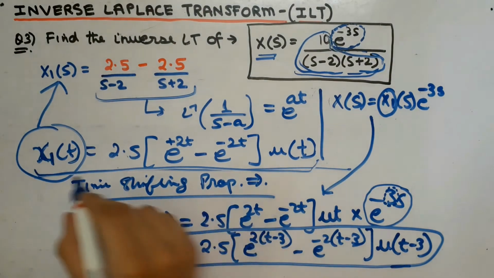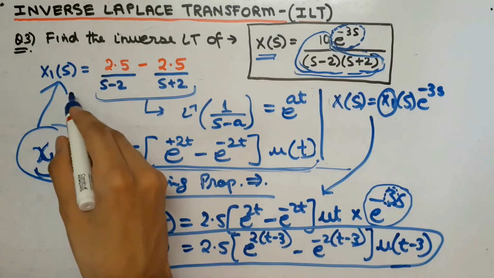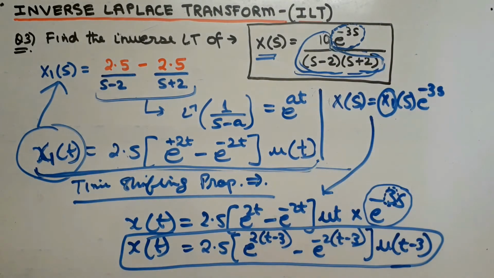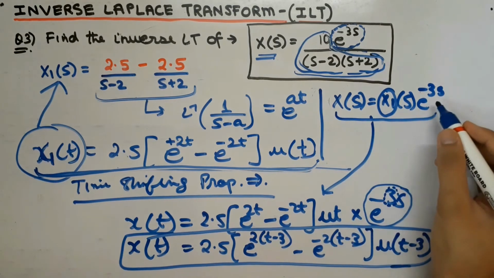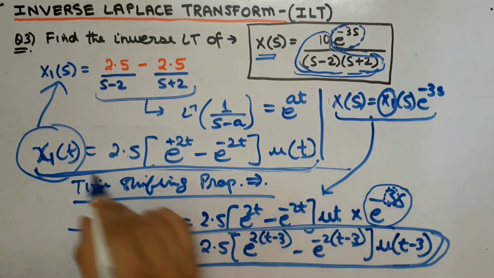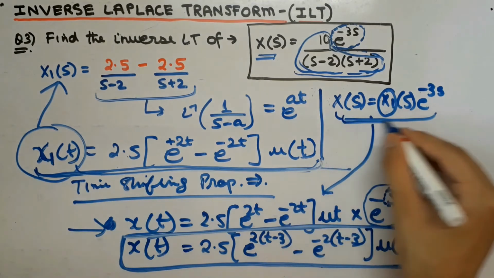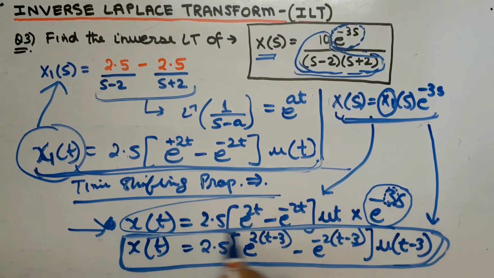And guys, if this question comes in the exam, then first of all find the x1(t) value for X1(s), that is the part excluding the e part, and then write X(s) is equal to X1(s) e to the power minus something. Do not write this equation, and directly write this answer. First you will find this, then you will write this equation and directly write this part. You can do this in your mind or in the rough work while solving the question.